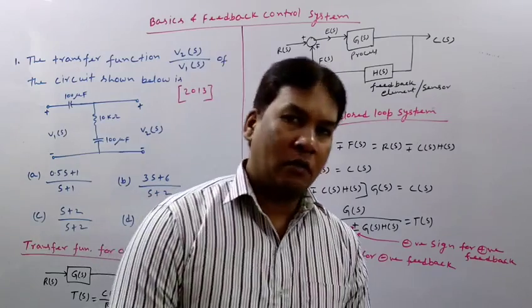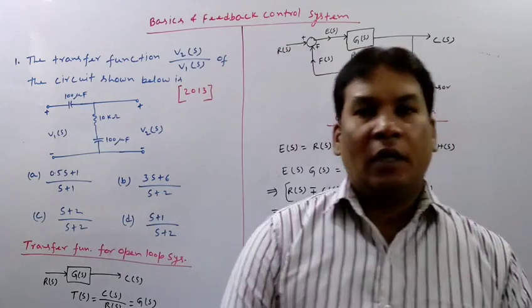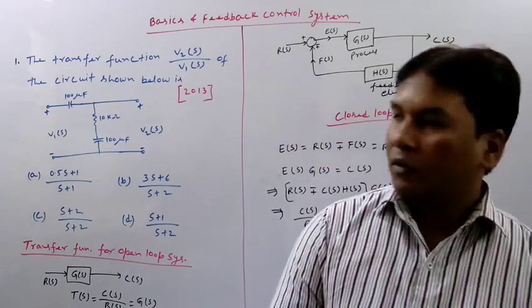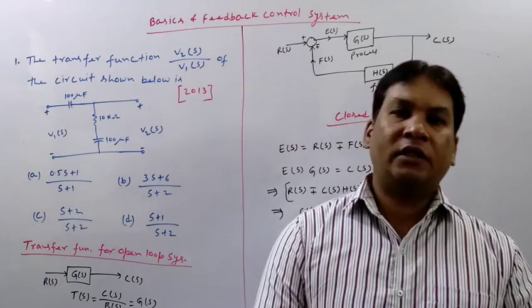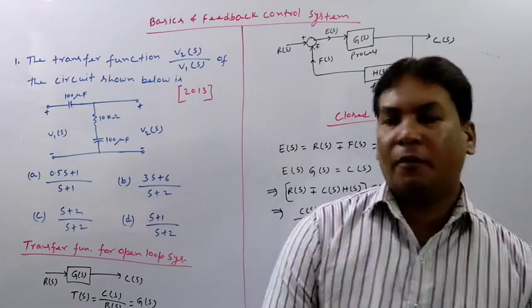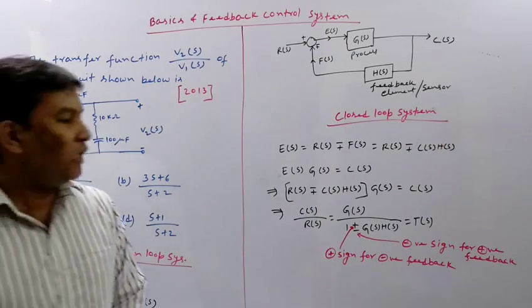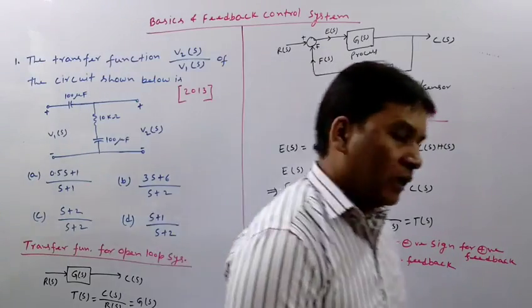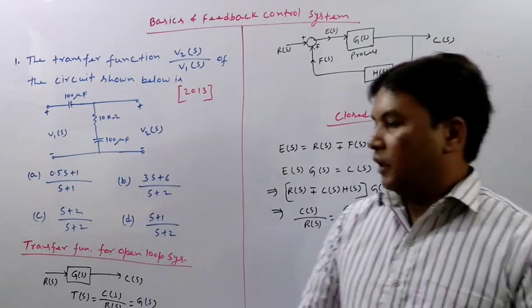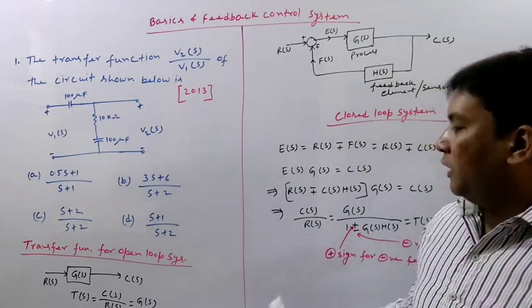And there must be some advantage and disadvantage both of using feedback system. So let me write the advantages and disadvantages of using the feedback system. Actually, let me say one more thing.